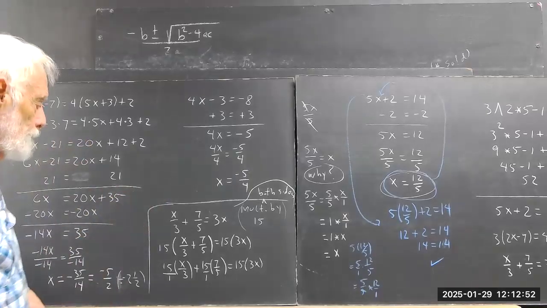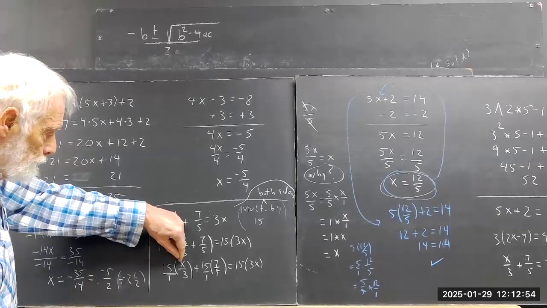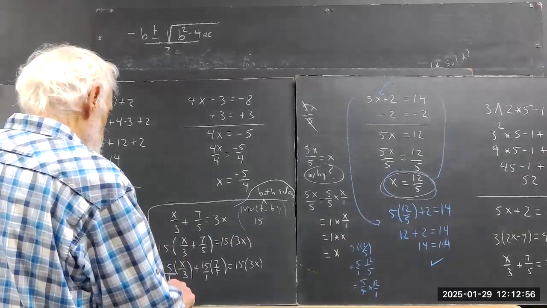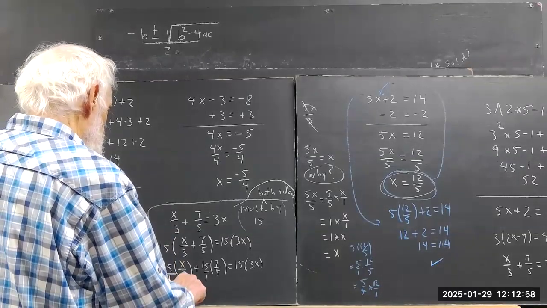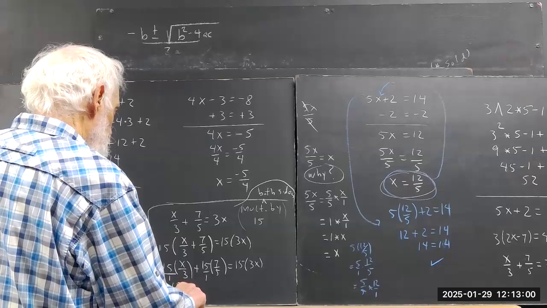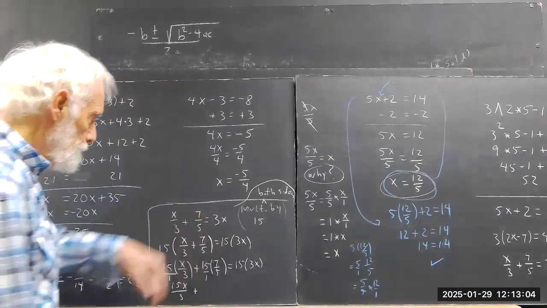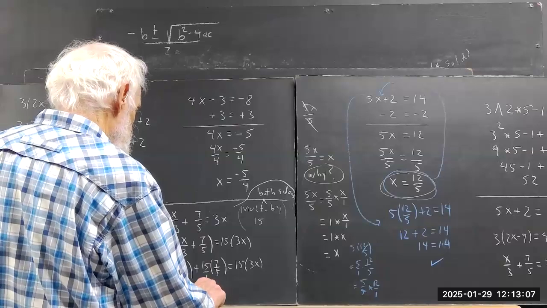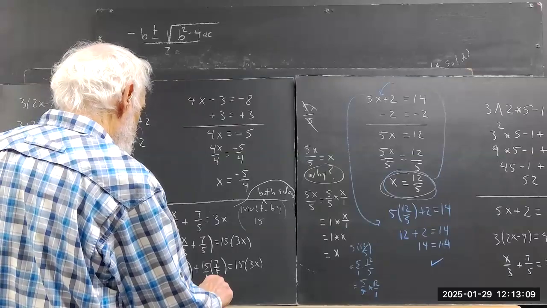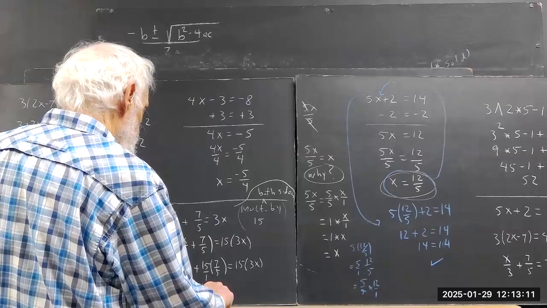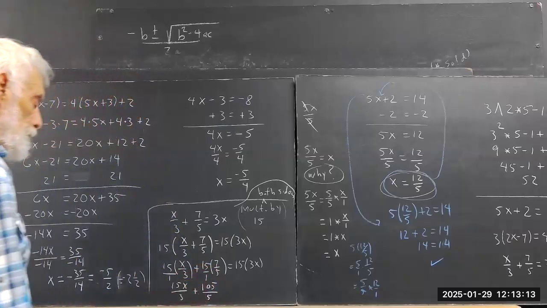Okay, so how do you multiply fractions? You multiply numerator times numerator and denominator times denominator. That gives you 15x over 3. 15 times 7 is 105, and 1 times 5 is 5.